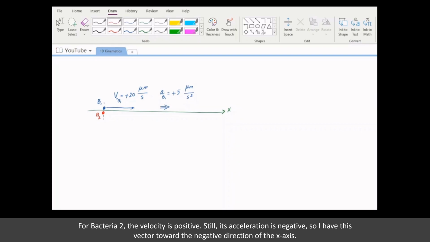For bacteria 2, the velocity is positive, still its acceleration is negative. So I have this vector toward the negative direction of the x-axis.